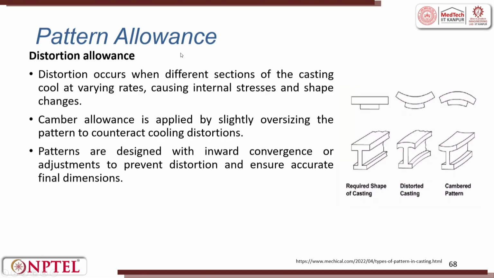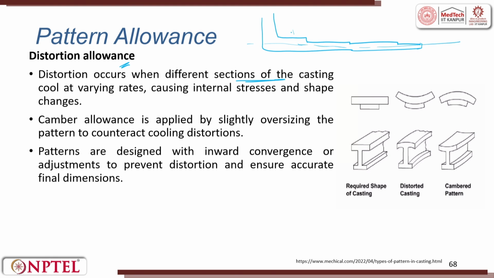So, the distortion allowance occurs when the different cross sections of the casting cool at varying rates. For example, if I have something like this, right. So, here there are different cross sections.